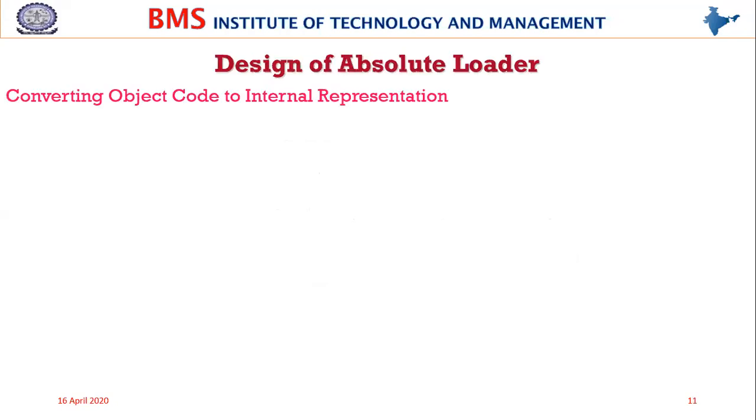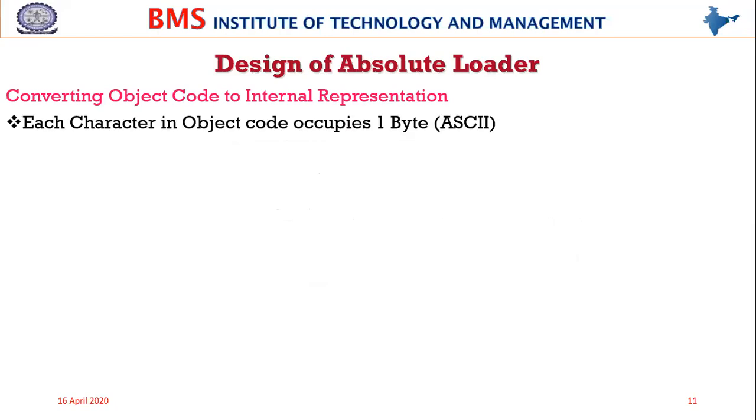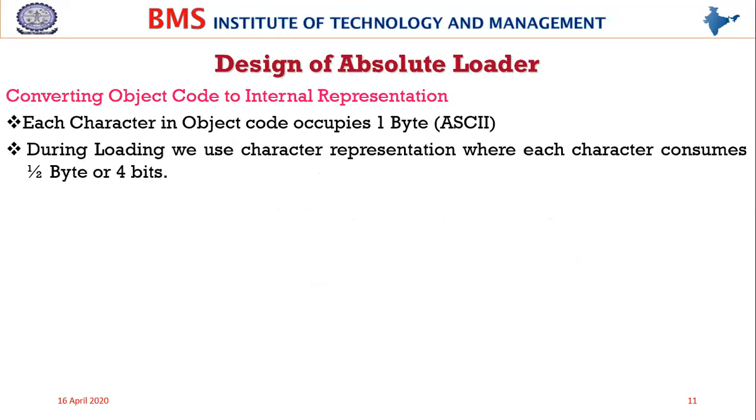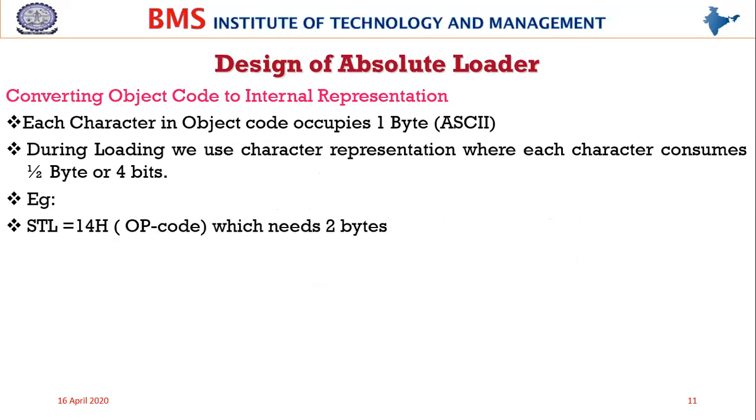Converting object code to the internal representation. Each character in the object code occupies 1 byte according to our ASCII representation. During loading, we use a character representation where each character consumes only half a byte, that means 4 bits. How is it done? See this example. Somewhere we have written STL.